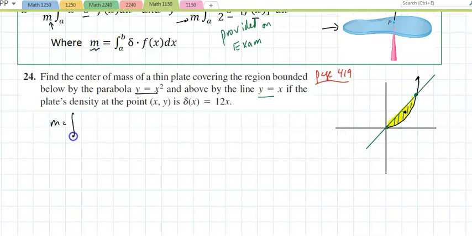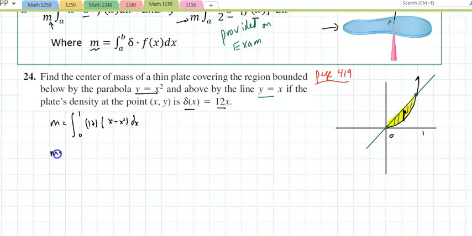M is the integral from a to b, we're going to run this dx, from 0 to 1 of delta. If the plate has a density of 12x, delta, which is 12x, times f of x, and f of x in this case would be the line minus the parabola dx.